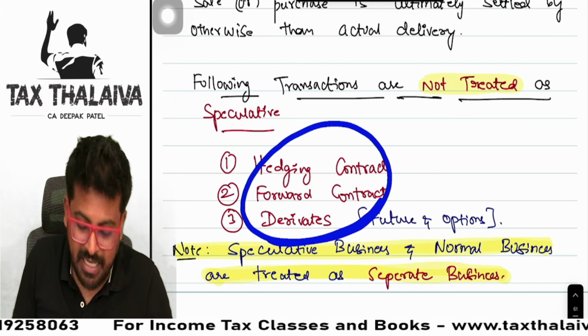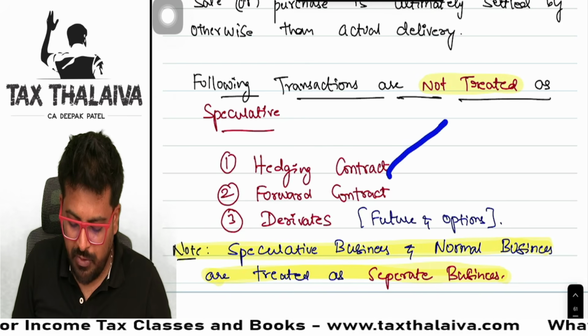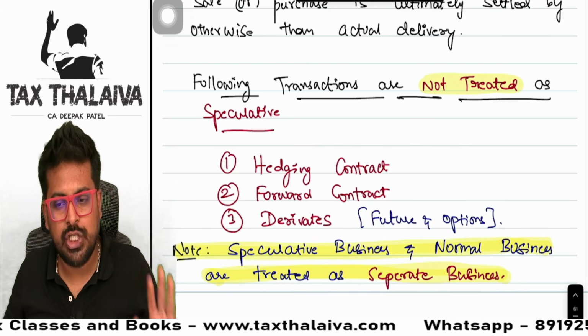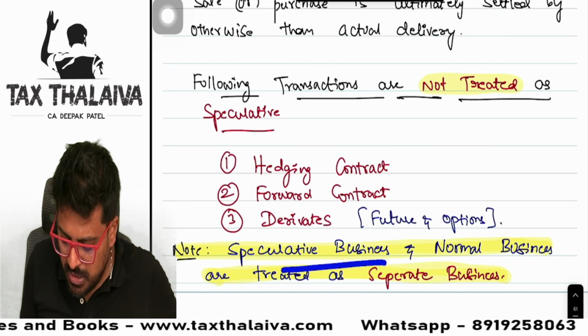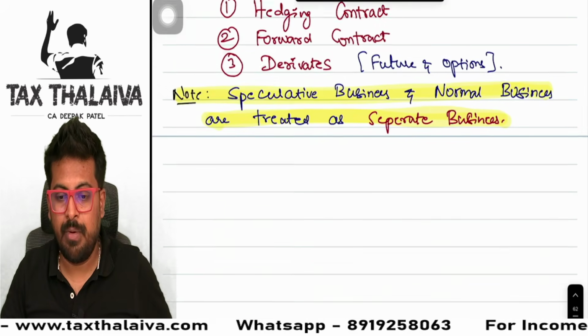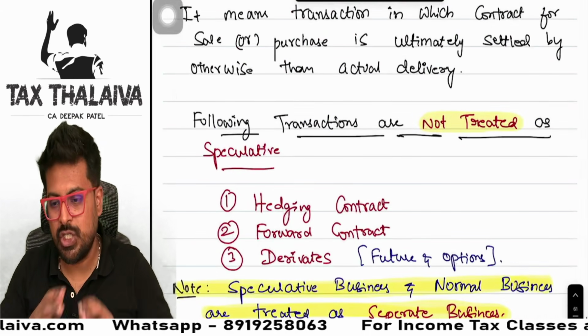In that case, you need to understand these three are not speculation businesses: hedging contracts, forward contracts, and derivatives, any kind of futures and options. Speculation business and normal business are treated as separate businesses. Always remember this, guys. And that is the end of our PGBP discussion.